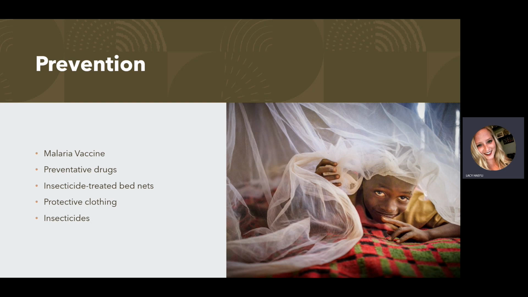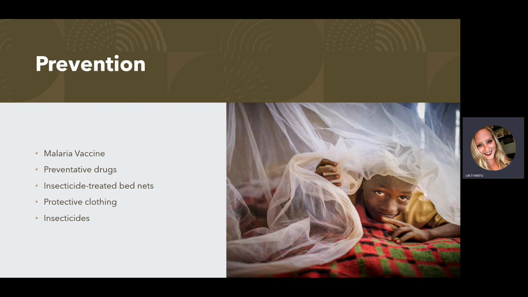Another method is preventative chemotherapies. These also just help to prevent malaria. It's also important to use vaccines like the RTS,S/AS01 vaccine amongst children that live in areas with moderate to high rates of malaria transmission.